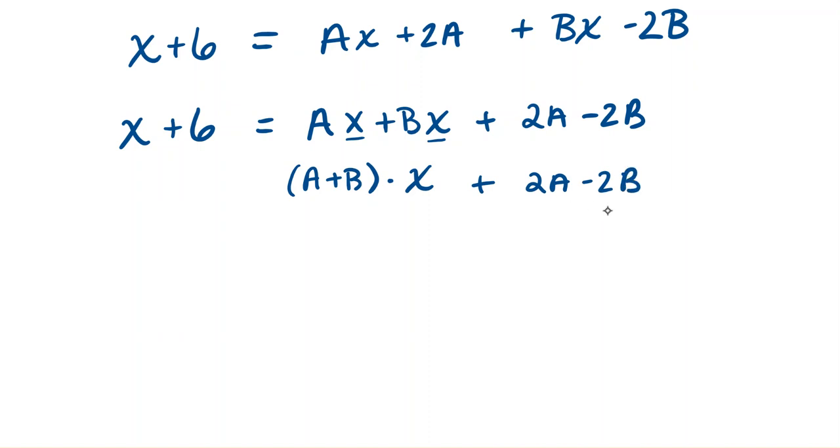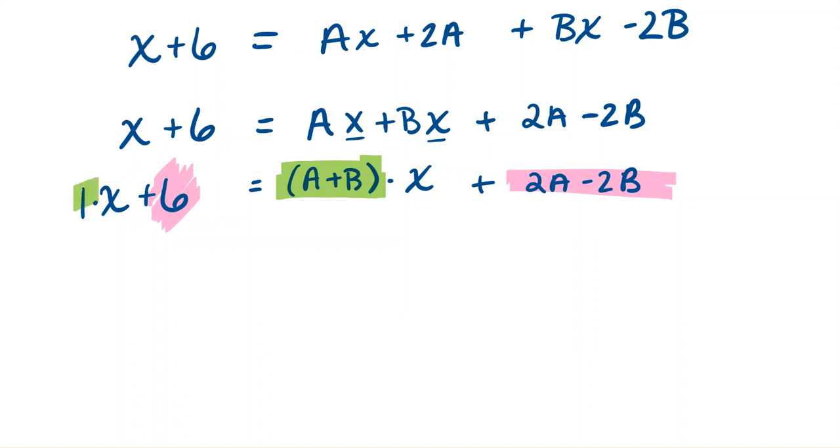When we introduced a and b, we knew that they had to be numerical values. So we can equate the related ideas. 6 is a number, and we know 2a minus 2b must also be a number. A plus b is the coefficient in front of the x, and we see there's an implied 1 in front of this x.